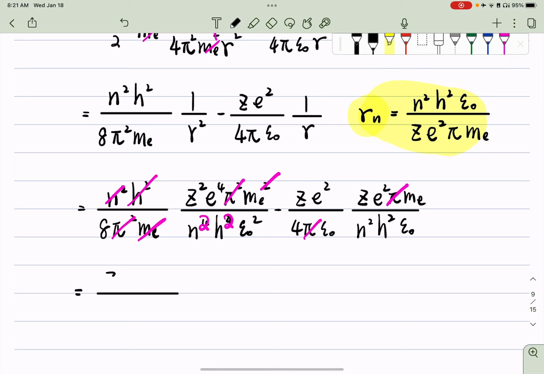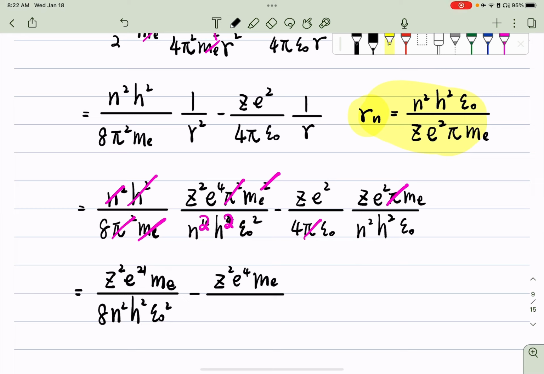On the left hand side, we have Z squared e squared m_e, e to the 4th, I'm sorry. On the bottom, we have 8 n squared h squared epsilon naught squared. Minus, on the right hand side, we have Z squared e to the 4th m_e over 4 n squared h squared epsilon naught.